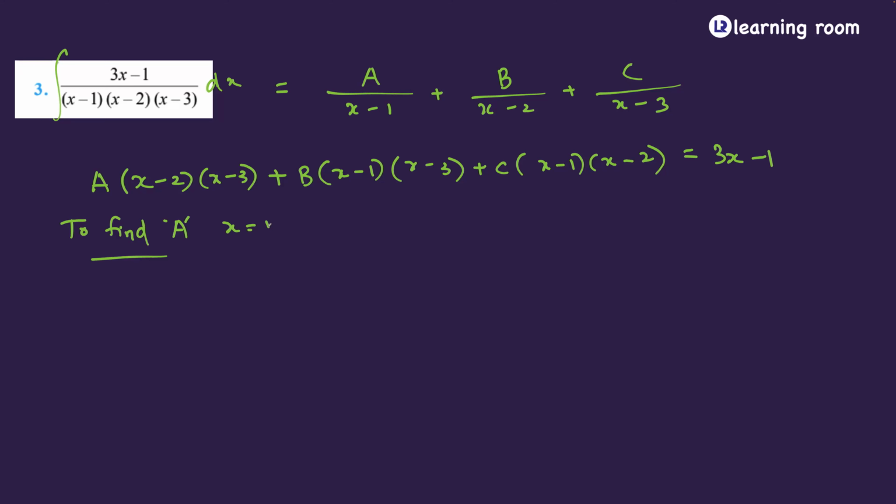All that you're left with is a into 1 minus 2, which is minus 1, into 1 minus 3, which is minus 2, is equal to 3 into 1, that is 3 minus 1, which will be 2. So 2a is equal to 2, which implies a itself is 1. So you put 1 here, 1 by x minus 1.